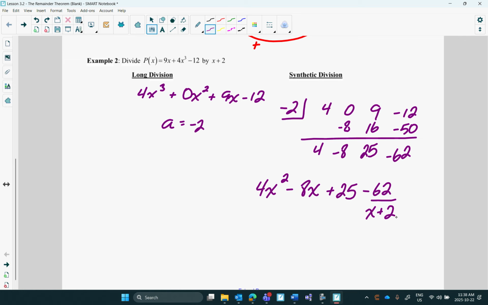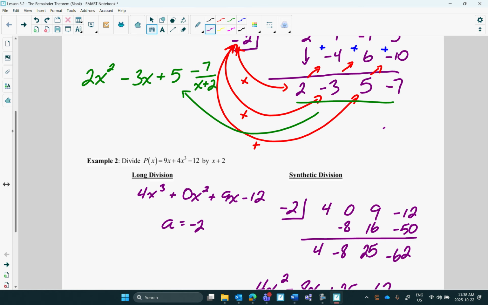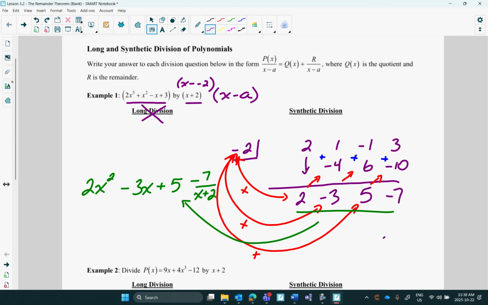That's all that up at the top where it says this. I know you look at this, you'll see this in the instruction, and it might get you confused. We did this using synthetic division, then you wrote your answer and the remainder over what you divided by. That's all that means.